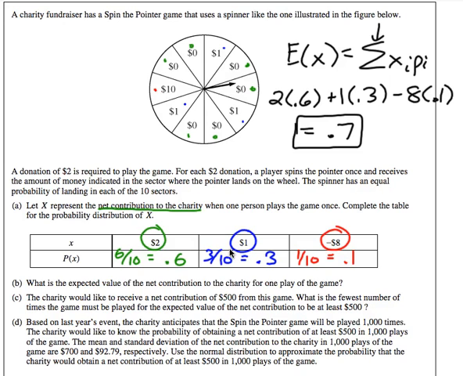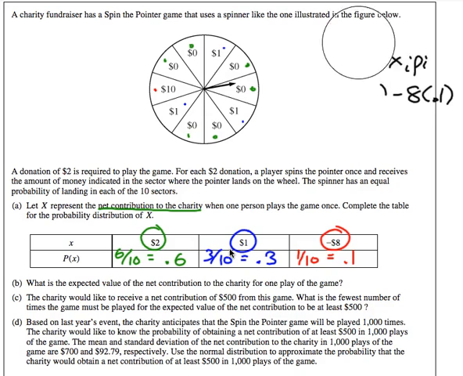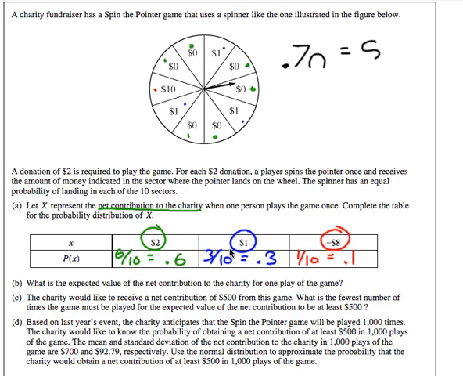Now, the charity wants to receive a net contribution of $500 from this game. So to receive $500, let's talk about that math. What we're talking about is they're expecting to get 70 cents per time that they play, and overall they're going to want $500. So this is actually just algebra, right?